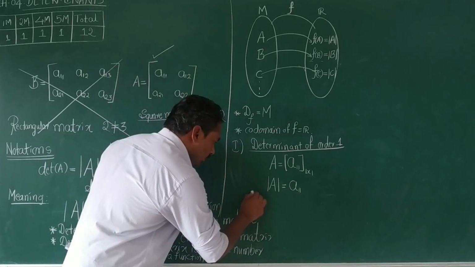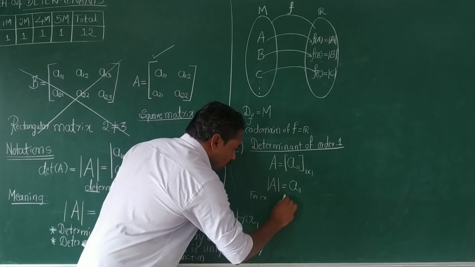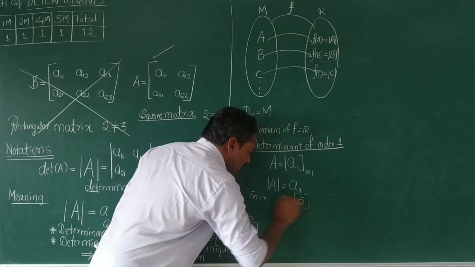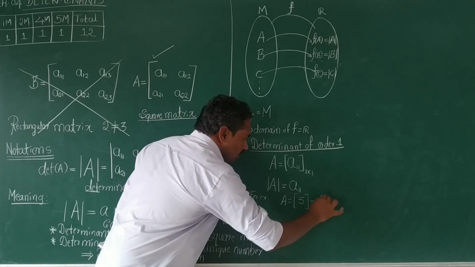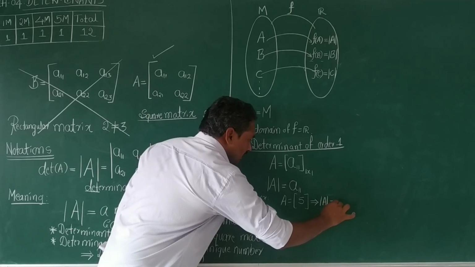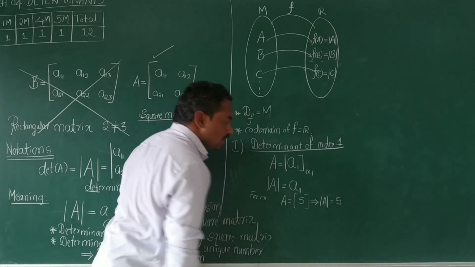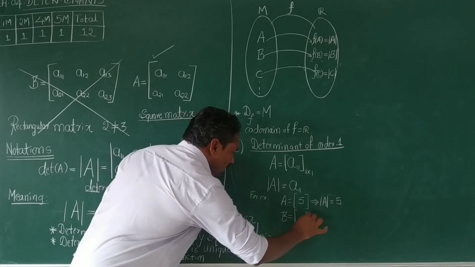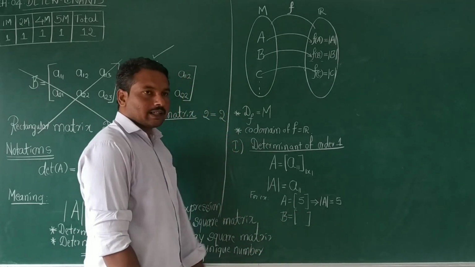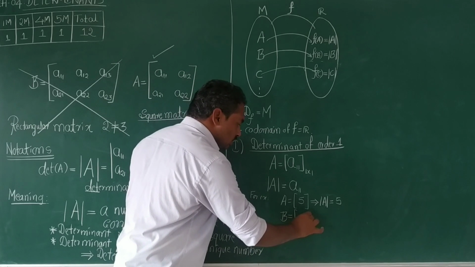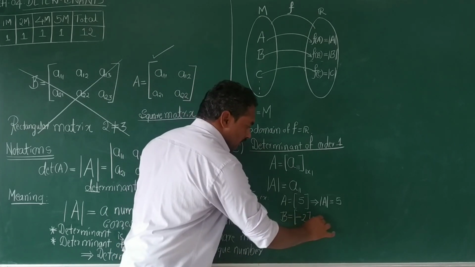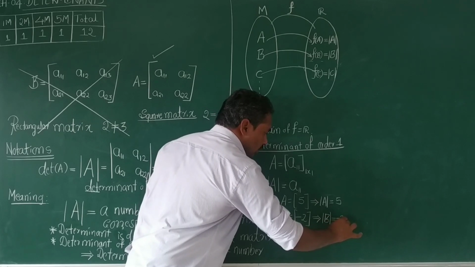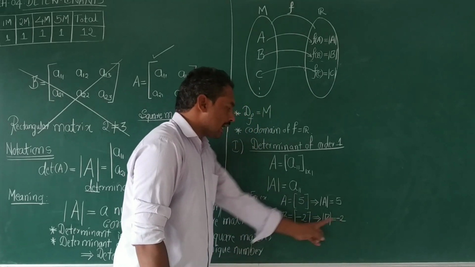So for example, suppose A is a square matrix of order 1 containing 5 as an element, then the determinant of that square matrix is 5 itself. Similarly, suppose B is a square matrix of order 1 containing -2 as an element, then the determinant of that square matrix is -2 itself, because that is the element present.